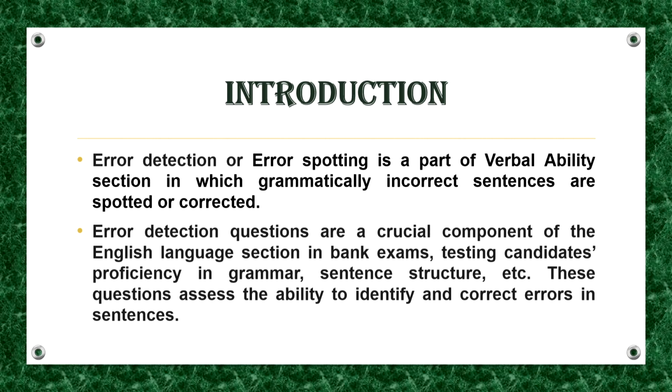Error detection questions are a crucial component of the English language section in bank exams, testing candidates' proficiency in grammar, sentence structure and so on. These questions assess the ability to identify and correct errors in sentences.